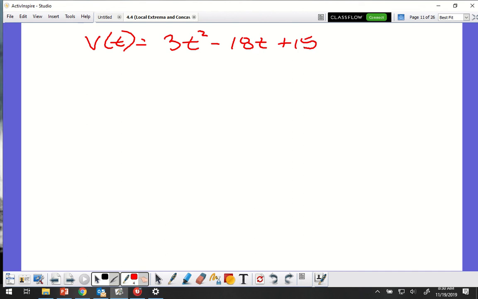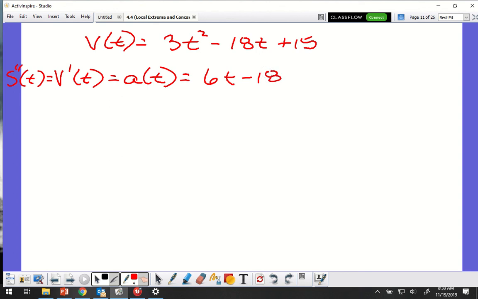Yes. Okay, good. So that's my velocity, or my s prime. Now we're going to double prime this one. So it's either v prime of t, or s double prime of t, but it's also a of t, which is going to give me 6t minus 18, right?